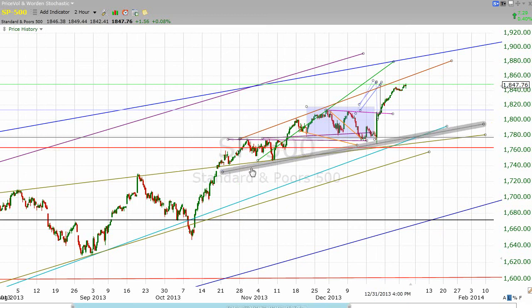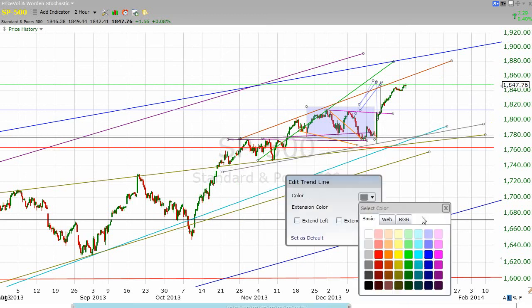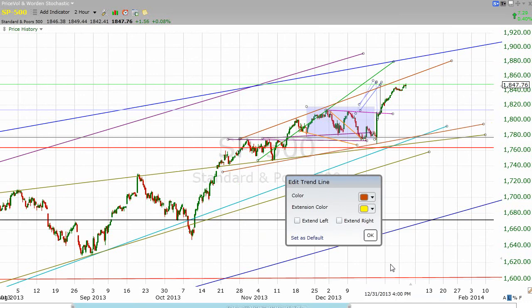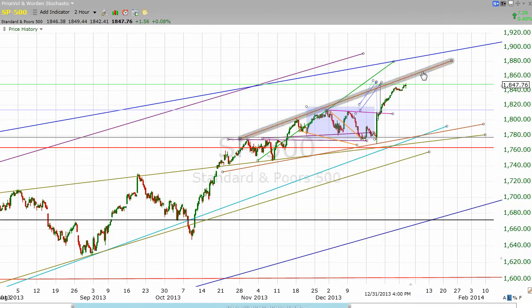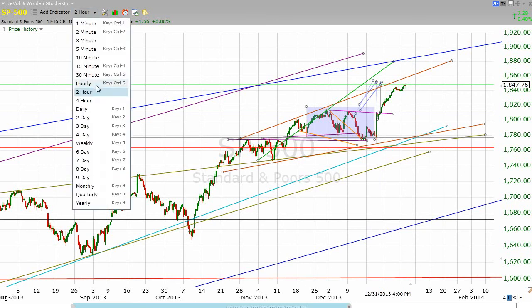There is a possibility, and I'm not saying a probability, a possibility that this could end up being what some people call a megaphone, or a broadening formation that is a sign of a little bit of uncontrolled exuberance. I think it's probably time for me to clean up this chart a little bit. I will do that before we meet again.